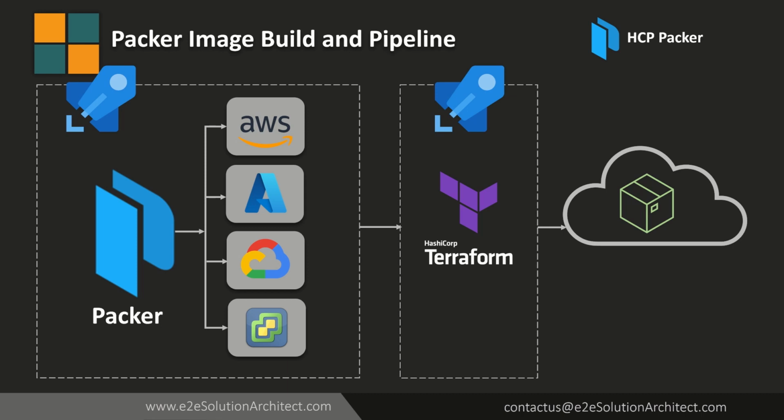Today we will be focusing on building the image, but the whole series will contain building the image, creating the pipeline, and deploying those images to create infrastructure using HashiCorp Terraform on multiple cloud platforms like AWS, Azure, Google Cloud Platform, as well as vSphere, which is the VMware product, using HashiCorp Packer. Now let's jump into the next part.